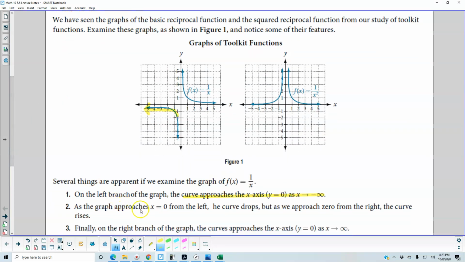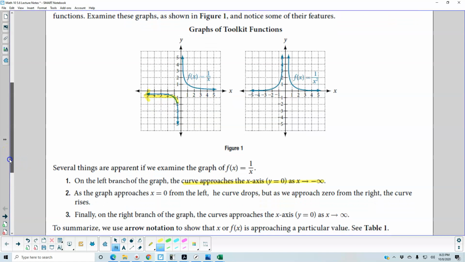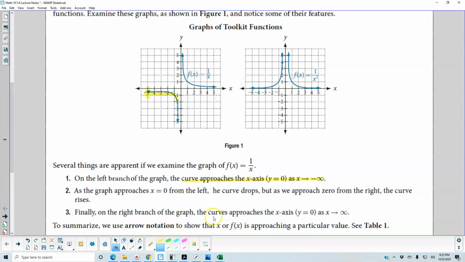As the graph approaches x = 0 from the left, the curve drops, but as we approach 0 from the right, the curve rises. Finally, on the right branch of the graph, the curve approaches the x-axis as x approaches positive infinity.